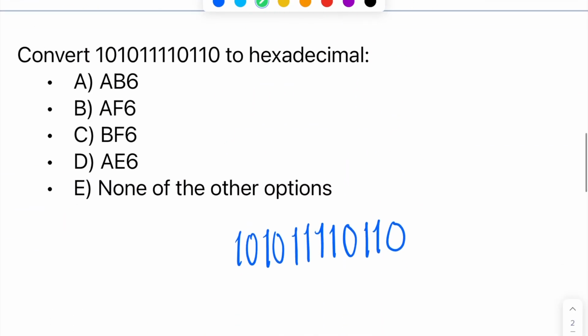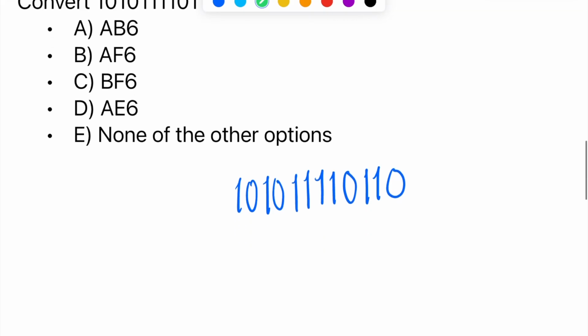Now let's try something with a few more numbers. Here we got another binary to hexadecimal, and again we're going to do the same thing and group these into 4 bits. That's 4, and that's 4.